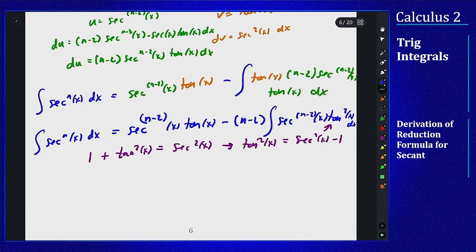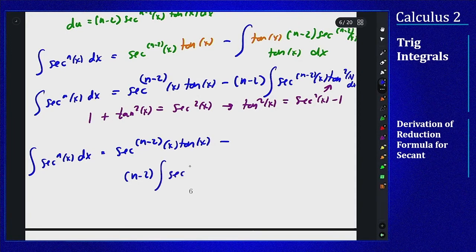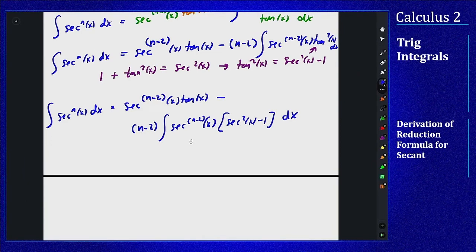and plugging that in here is going to give me integral of secant to the n of x dx on the left side still equals our same first term minus n minus 2 times the integral of secant to the n minus 2 of x times secant squared of x minus 1 dx. I can split this last integral into two separate integrals.